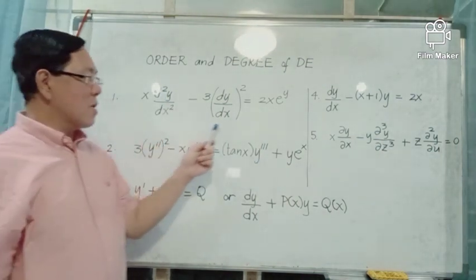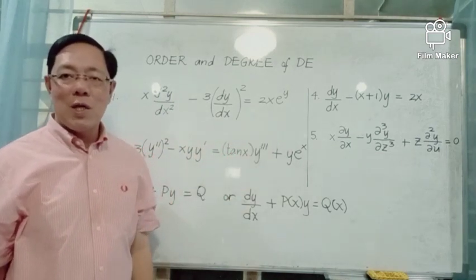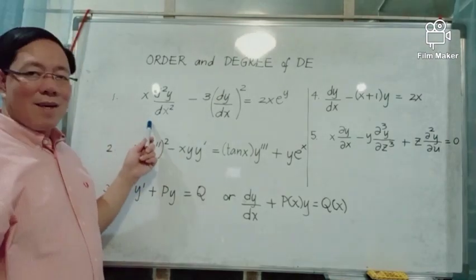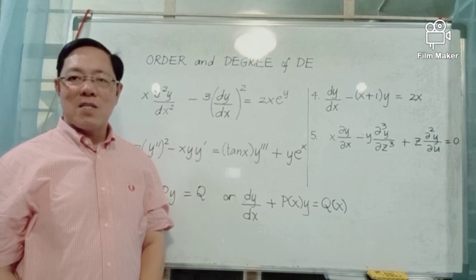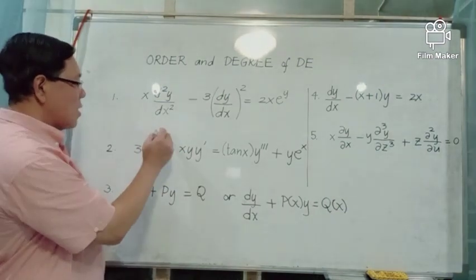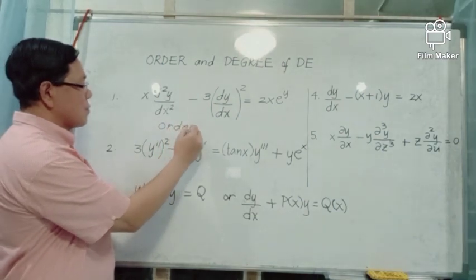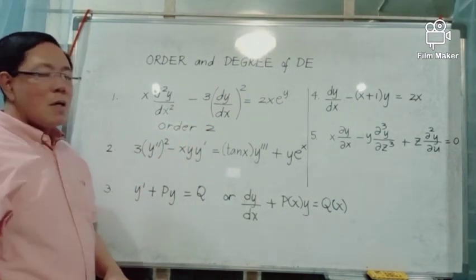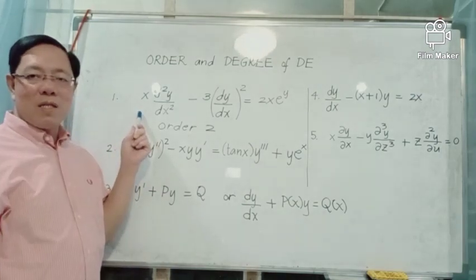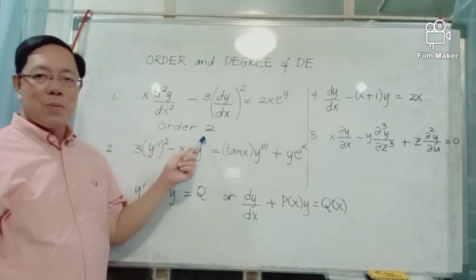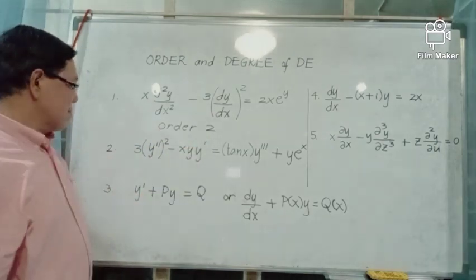Therefore, this differential equation is said to be a differential equation of order 2, or a second order differential equation. So example 1 has an order of 2.